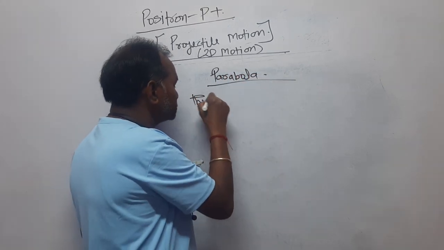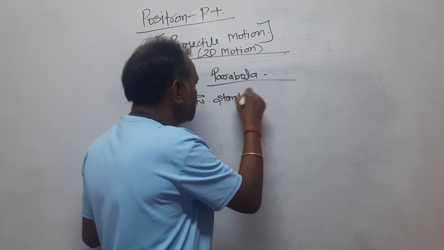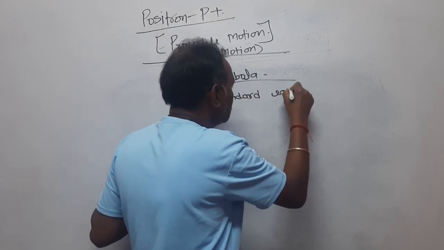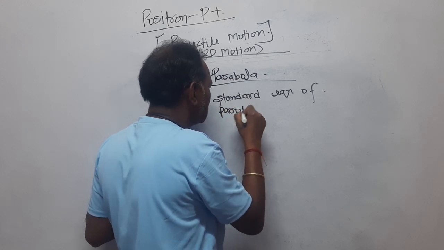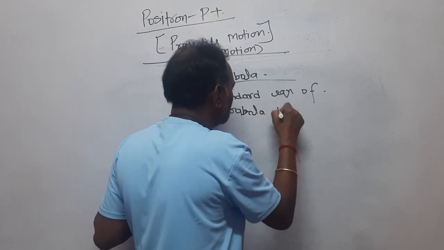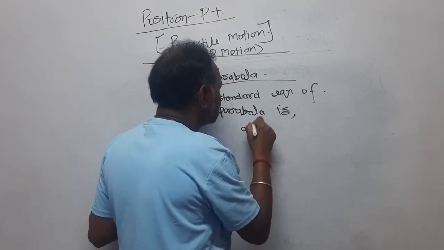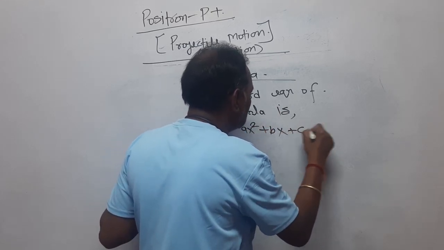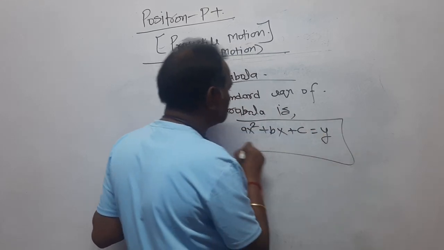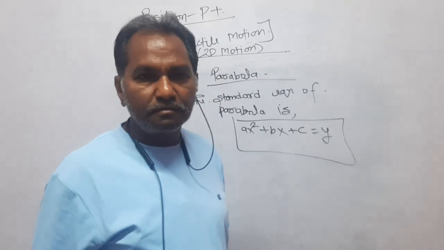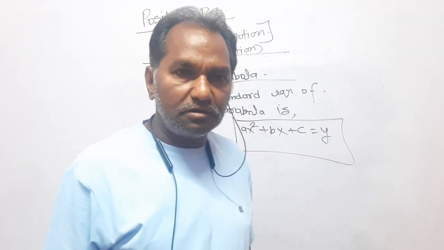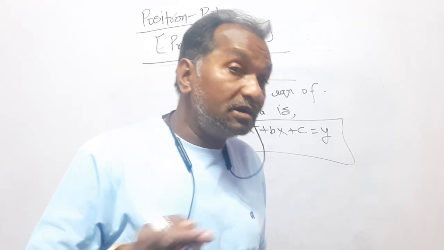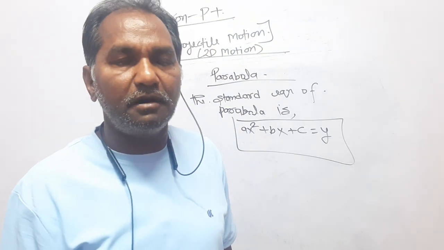The standard equation, dear students, of a parabola is ax square plus bx plus c equals y. This is the standard equation of a parabola. Any equation where x has power 2 and y has power 1, or x has power 1 and y has power 2, always represents a parabola.